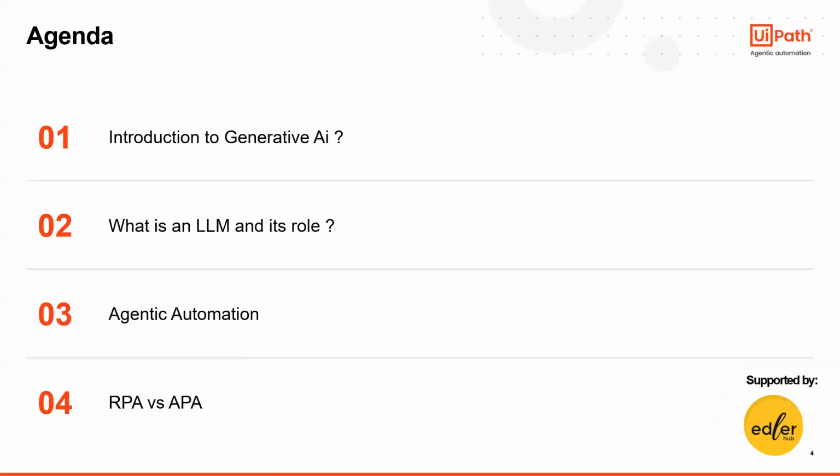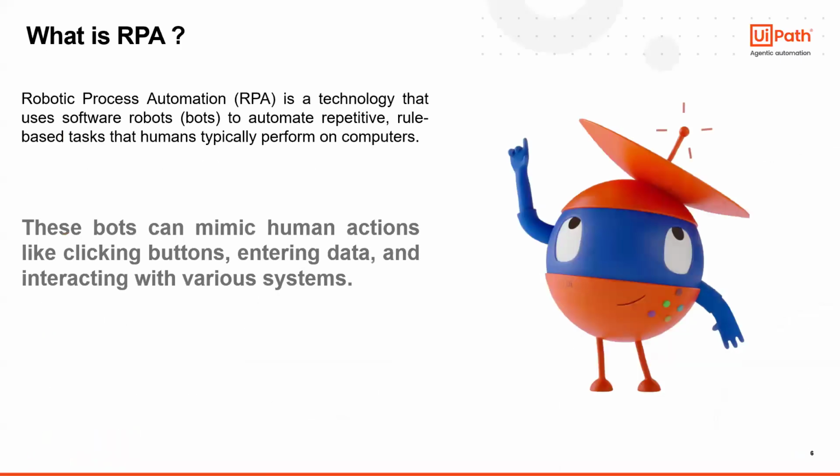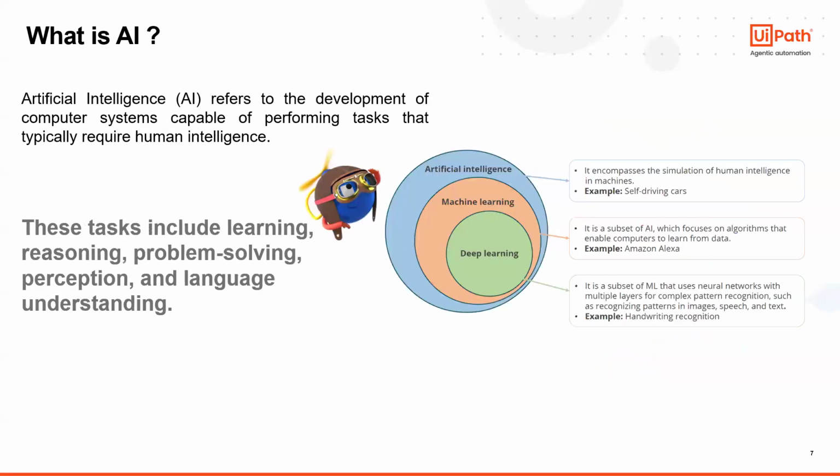In the last session, let's have a quick overview of what we discussed. We had a discussion of what is RPA, basically steps that humans do, a software robot which can mimic human steps. And then how do you make a standalone RPA an intelligent RPA? You add AI to that.